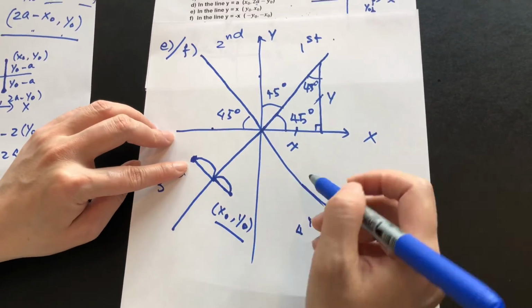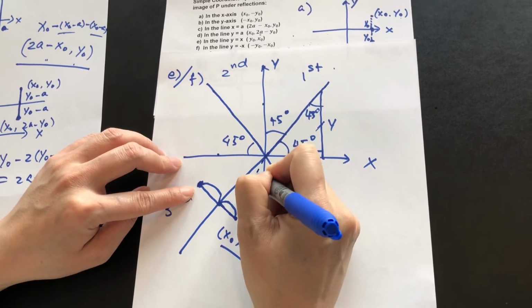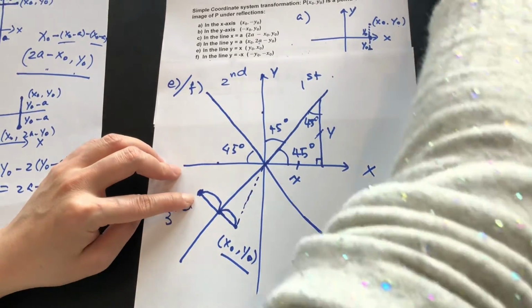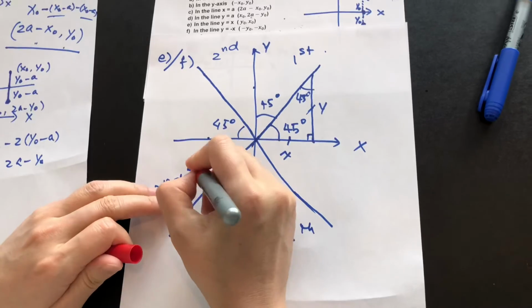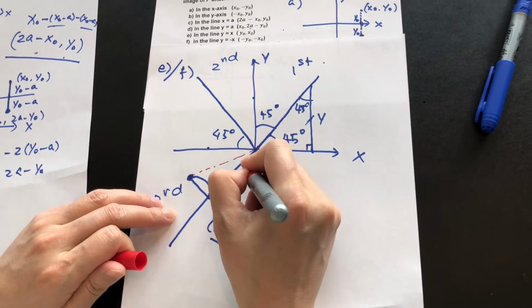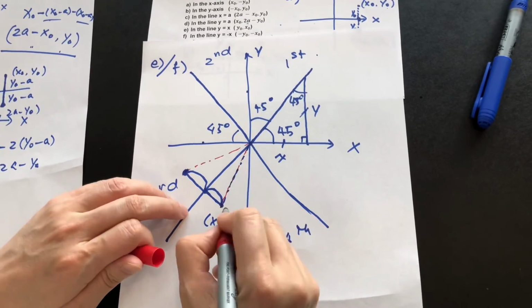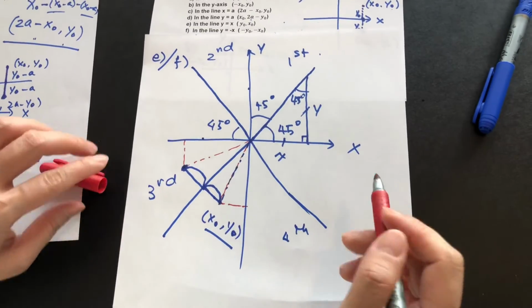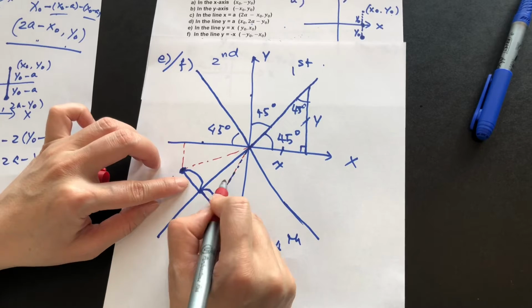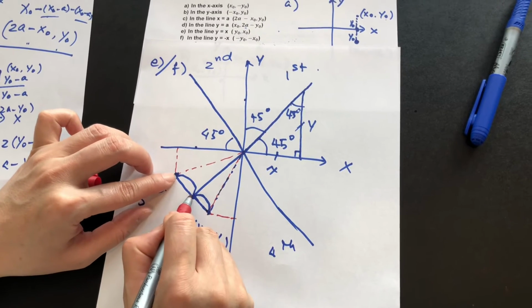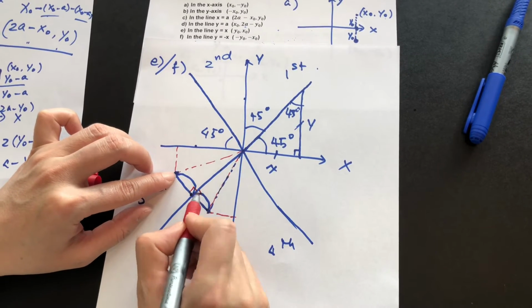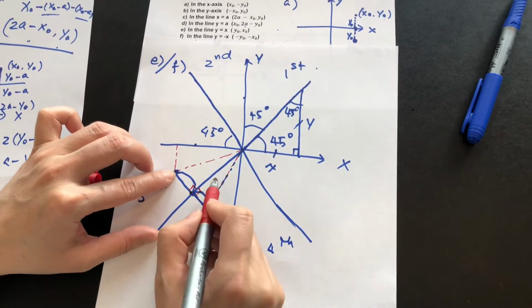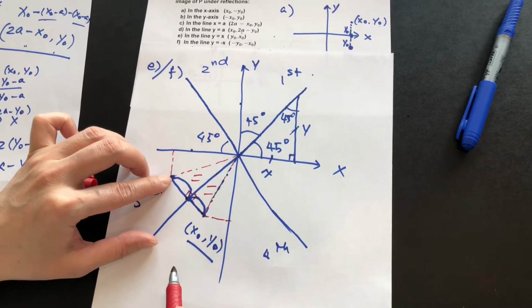What is this point? So let's draw two lines. Let's do a different color. This distance equals this distance, and both are right angle triangles. So these two triangles are the same.